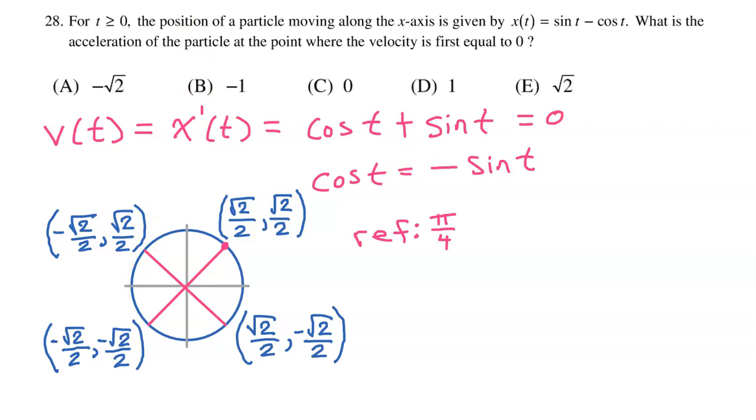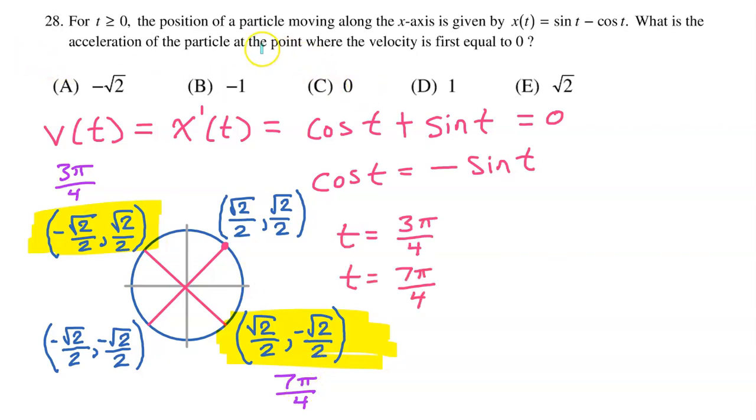So where will that happen? Here and here. These are the two angles where the cosine and sine have the same absolute value, but they have opposite signs. Remembering that the reference angle is pi over 4, we have 3 pi over 4 and 7 pi over 4.